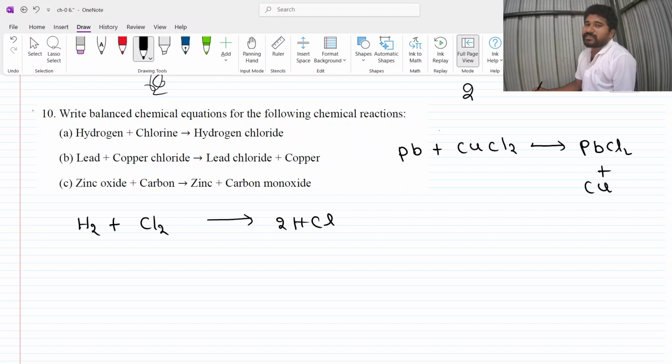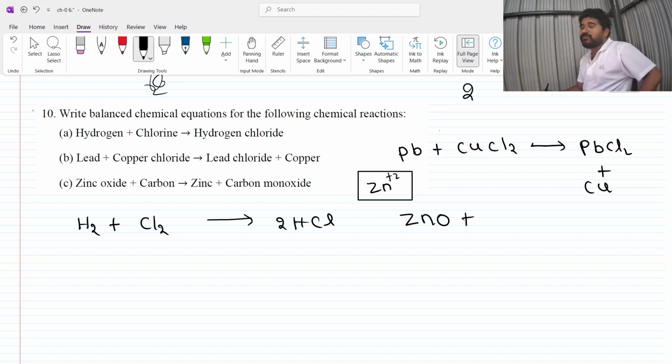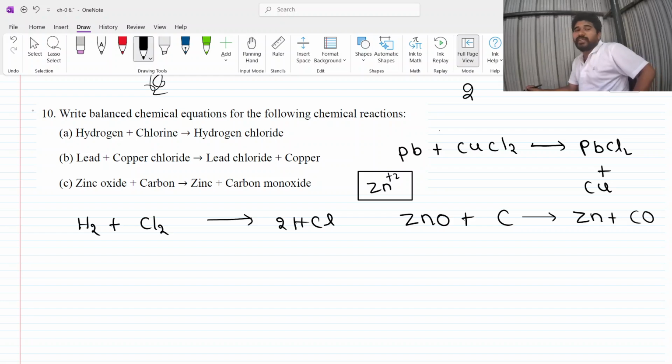Is it balanced? Yes. Next, zinc oxide, ZnO. Remember Zn is always plus 2. Keep this in mind. Zn is always plus 2. Plus carbon C gives Zn plus. Is that clear for everybody? Yes.